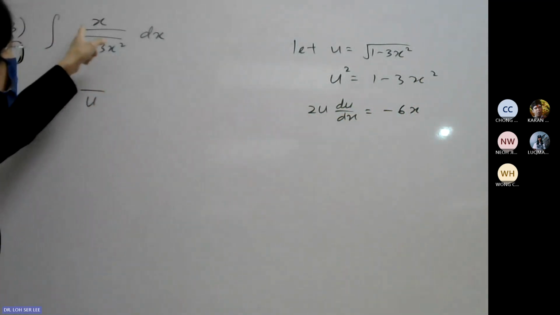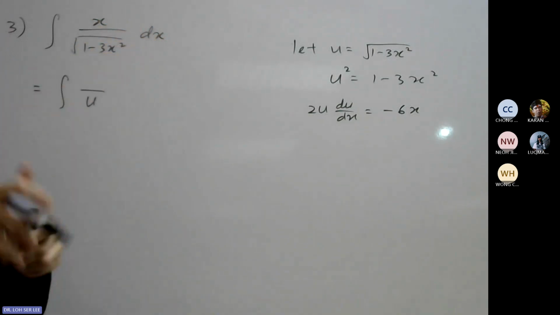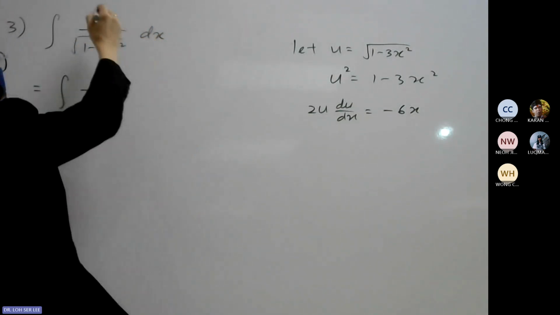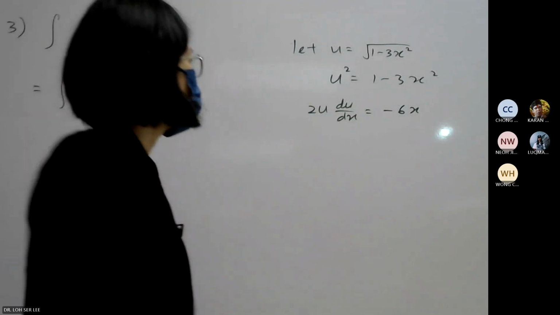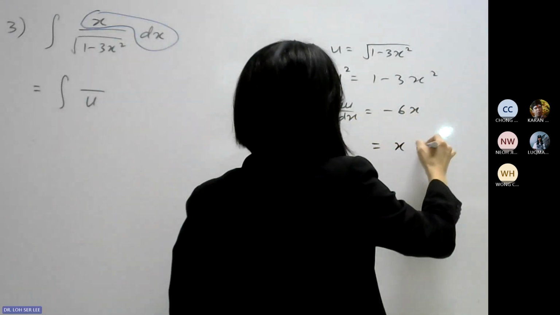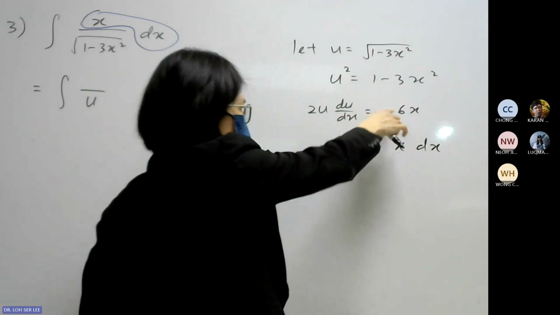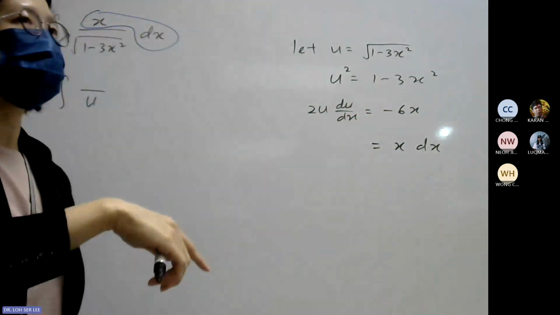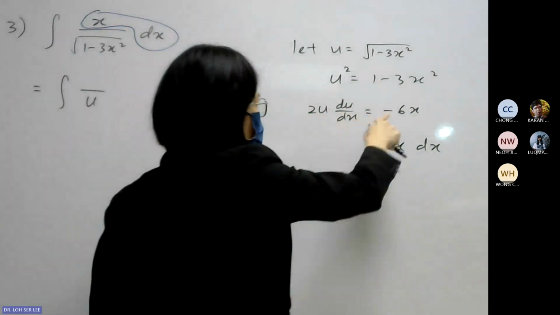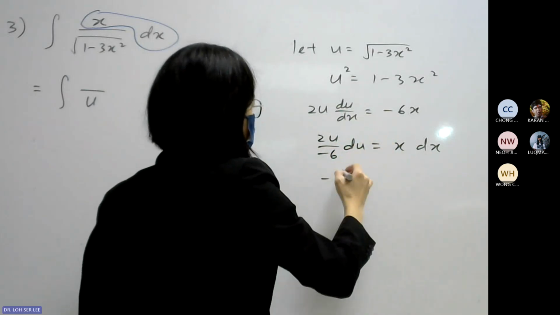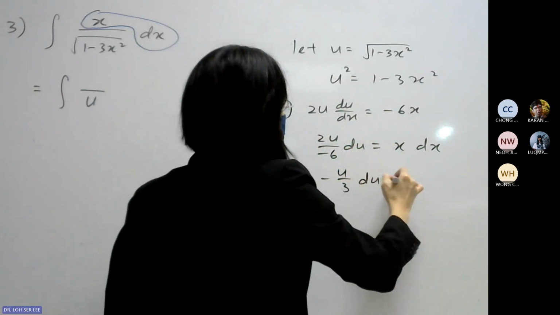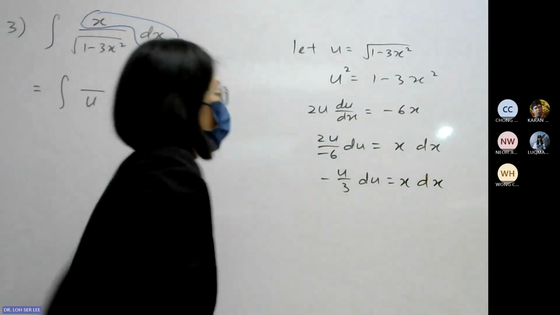Here we want only x dx, we do not want the negative 6. So negative 6, you move it to the left. So you have 2u over negative 6, that means negative u over 3, which is your x dx.